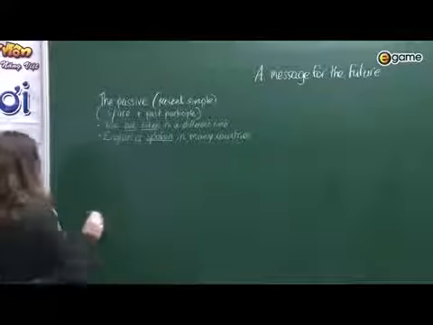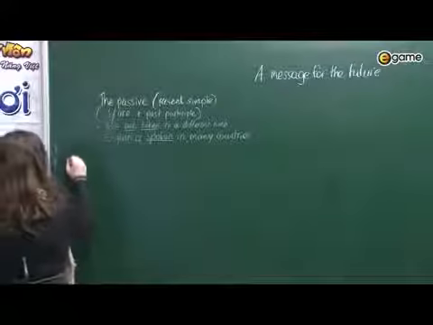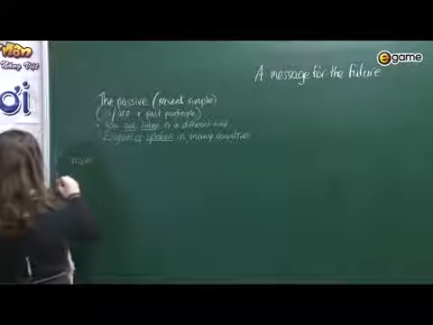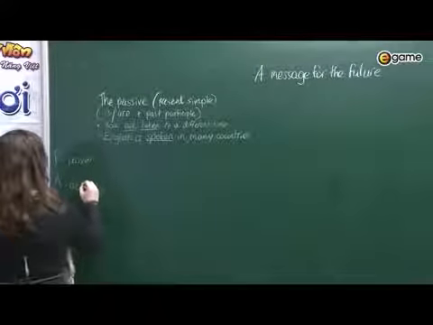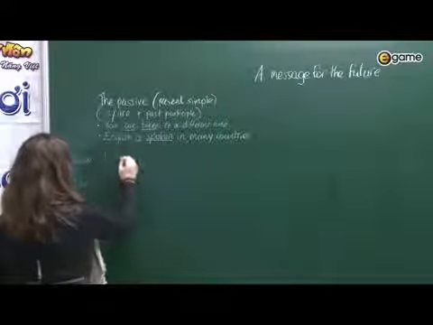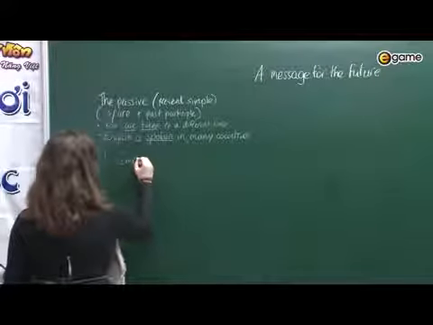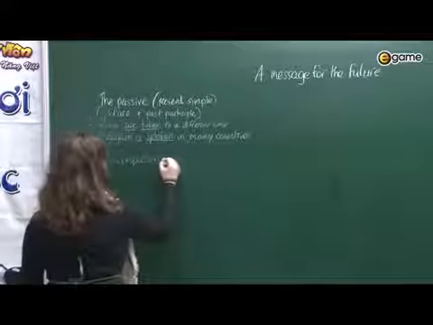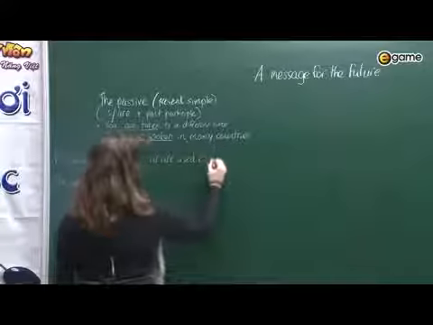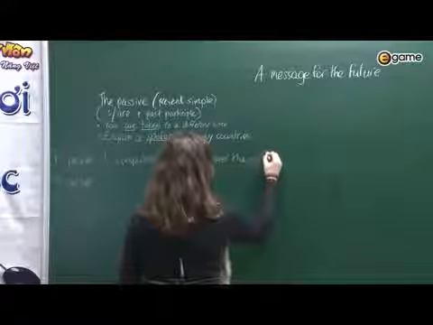And I want you to choose whether the sentence is P, passive, which is this, or A, active. Okay? So number 1. Computers are used all over the world.